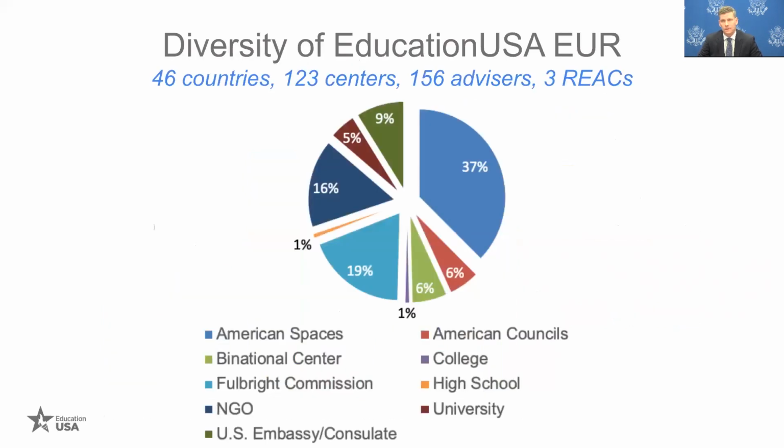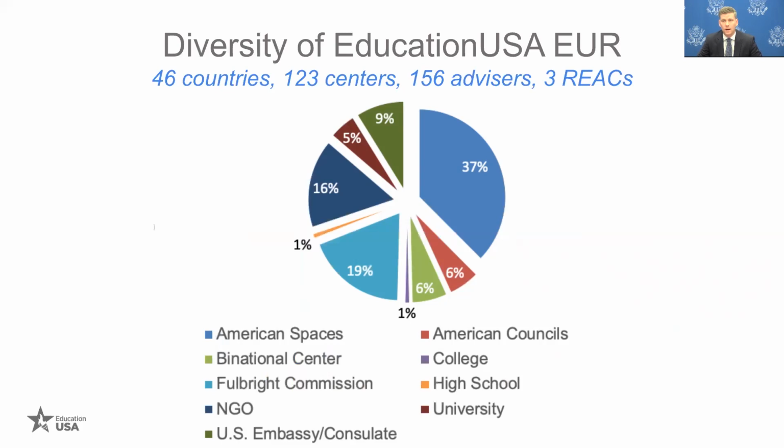Next slide. Here we have a more specific breakdown for EUR of the 46 countries with 123 centers, 156 advisors, and our 3 REACs. More and more American spaces are becoming host institutions for Education USA. Fulbright commissions throughout primarily Western Europe host many of our centers.